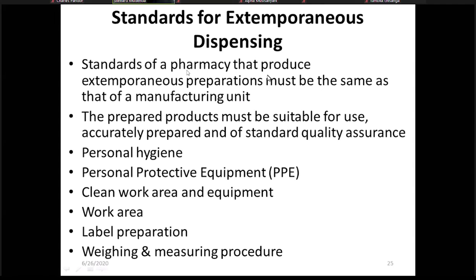Therefore, that extemporaneous room, it can be in the dispensary, okay, must ensure that any product that is produced is suitable for use, for human or animal use, okay? And it should be accurately prepared, maintaining the quality assurance of all products that have been prepared, okay?